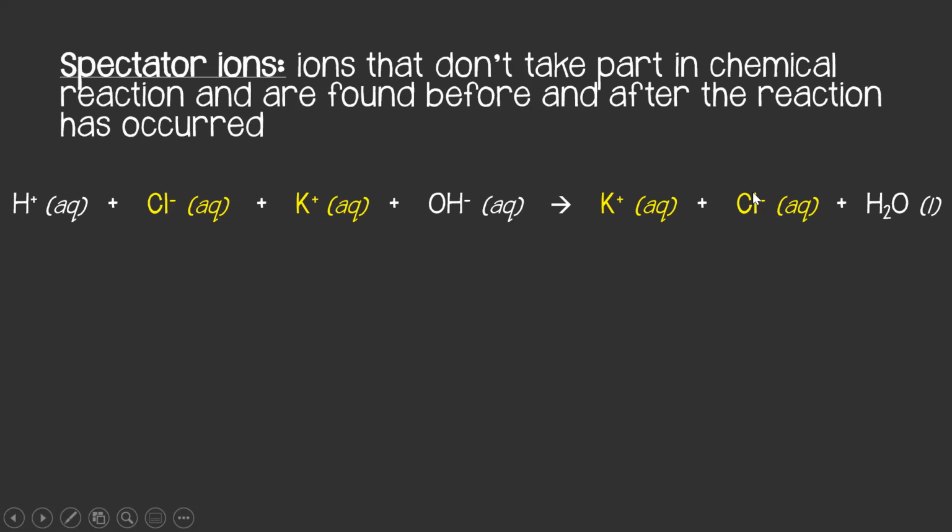That's a spectator ion. It's on both sides of the reaction because it didn't take part in the reaction. And I also have a potassium ion on both sides. Then I have my hydroxide ion only on the reactant side, and my water is only on the product side. So I've highlighted the spectator ions in yellow. I suggest doing the same, some type of highlighting or marking so they stand out to you. It's going to make the next step easier.